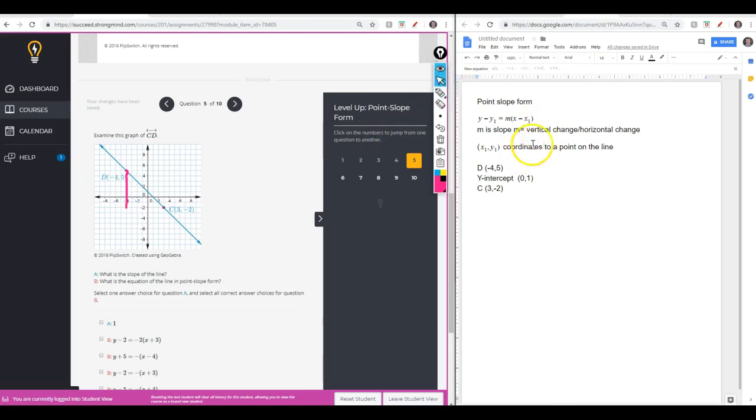So I said went down, so that means it's a -7. And it went to the right 1, 2, 3, 4, 5, 6, 7. So it went to the right 7. Now, -7 divided by 7 is equal to -1. So it does reduce down to a -1. So when you see this, our slope is -1.